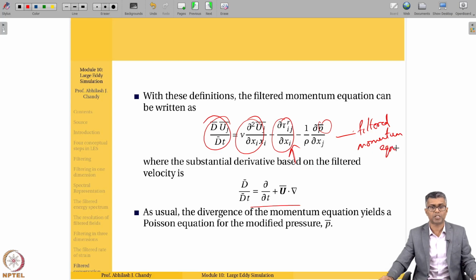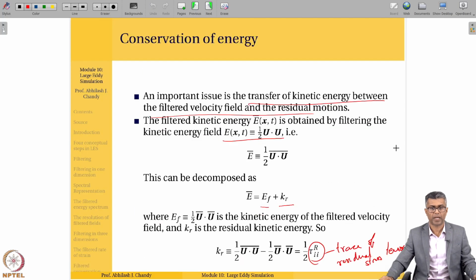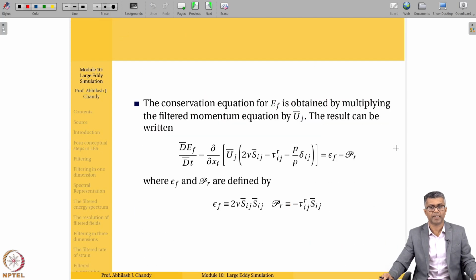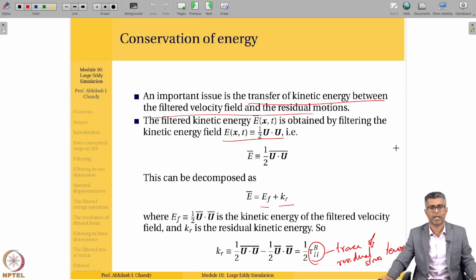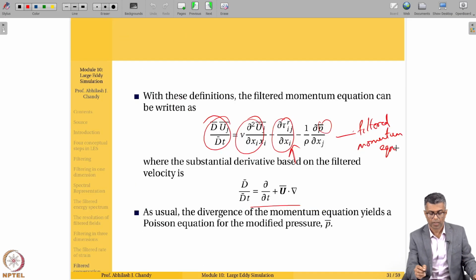I can multiply this by uj, meaning dot producting it with uj, because what I need is uj dot uj, isn't it? So I need d/dt of uj dot uj, and that is what I'm doing.